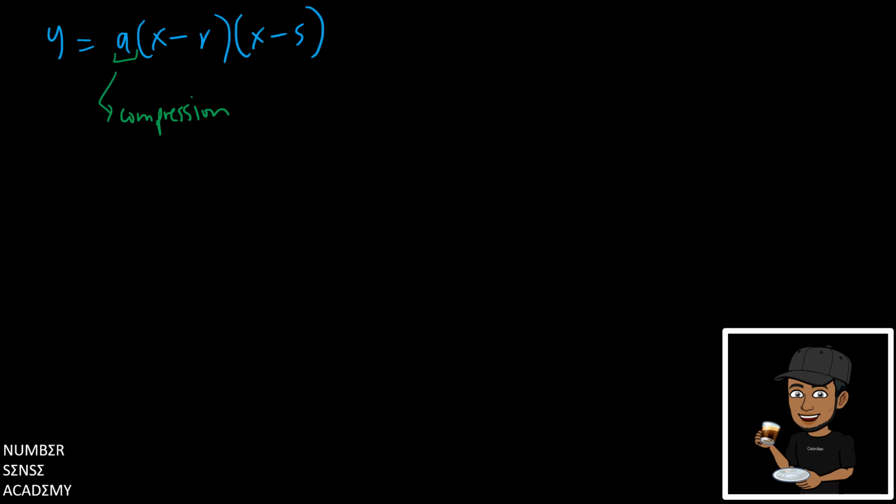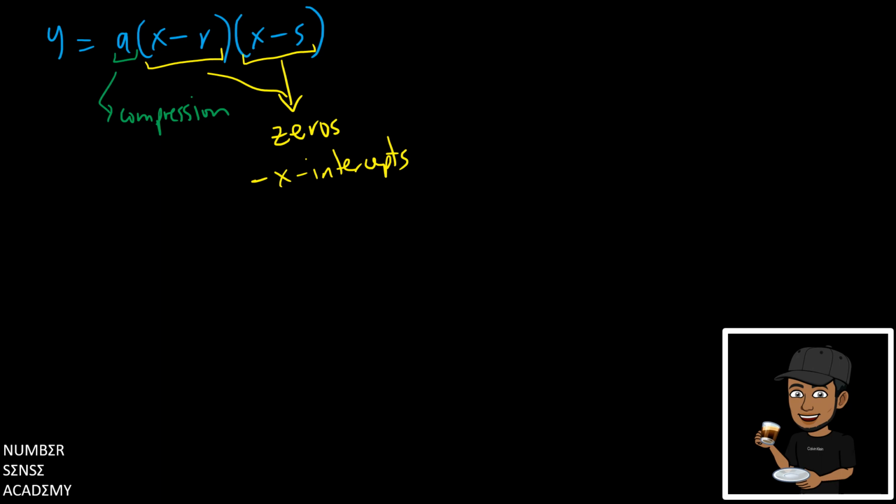The other bit of information we get is what we call the zeros of the equation. And remember, these are x-intercepts. These are given in some cases, though, you do have to calculate them.